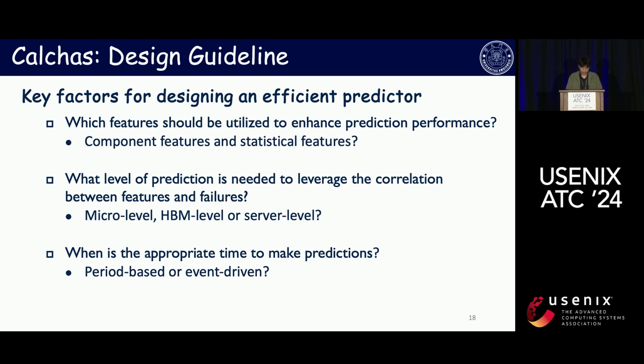Should we use component features, statistic features, or other types of features? Second, we observe that the correlation between features and failures varies at different levels. This leads to the question of what level of prediction is needed to maximize the utilization of the correlation between features and faults. Third, prediction timing also influences performance.